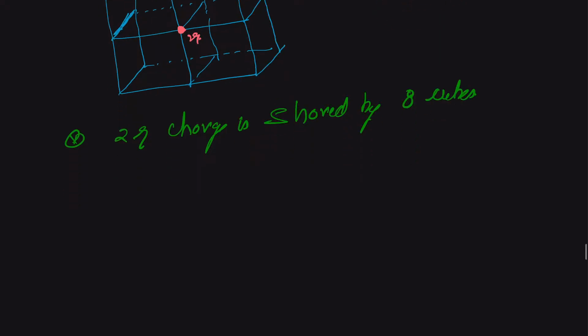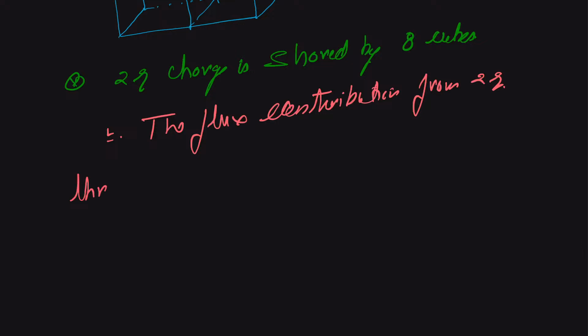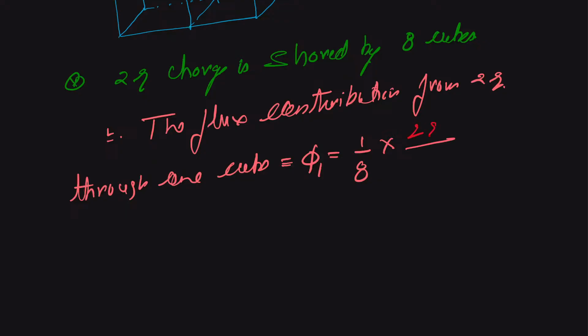So it means the charge through 1 cube, or we can say the flux through 1 cube, or you can simply say the flux contribution from 2q through 1 cube, let's suppose that's phi 1, will be equal to 1 by 8 of the total charge 2q upon epsilon naught.